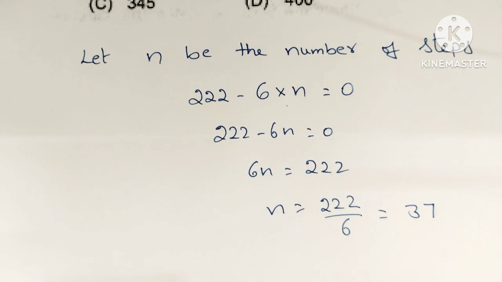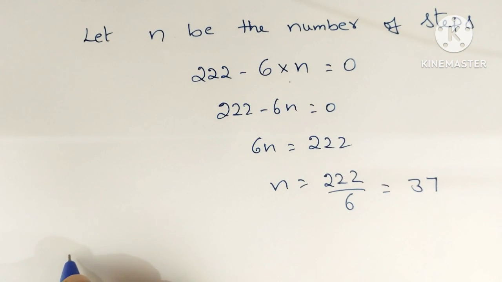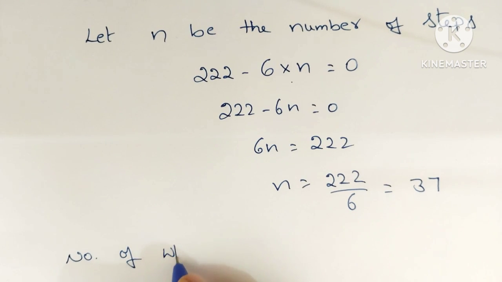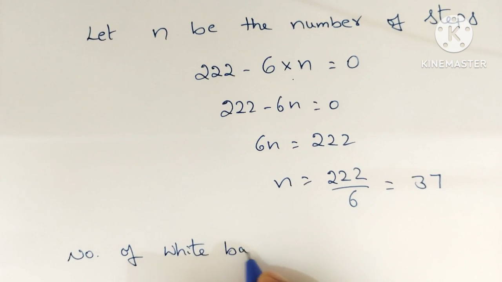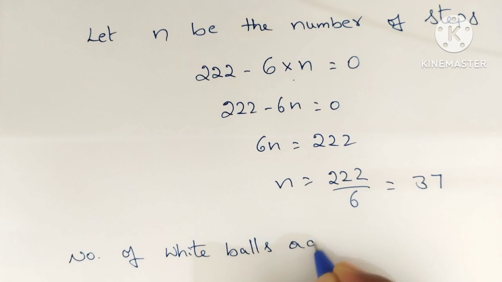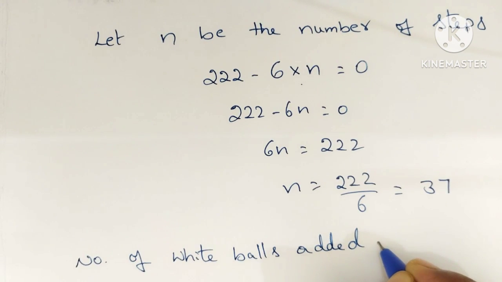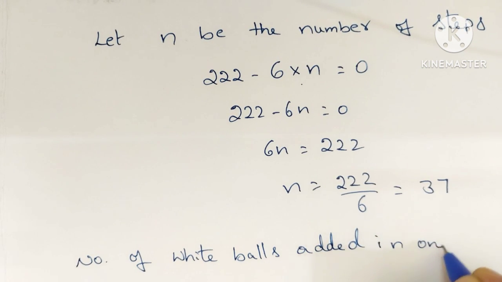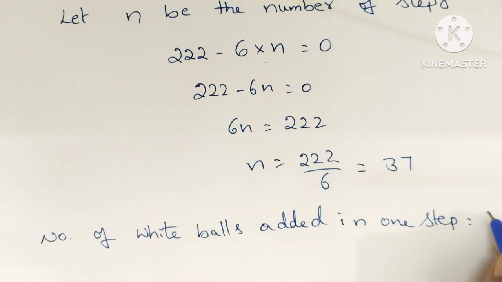So number of white balls added in one step. In each step he replaces 6 balls, and instead of 6 balls he replaces 12 white balls. So the number of white balls added in one step: in every step, instead of 6 red balls he replaces with 12 white balls.